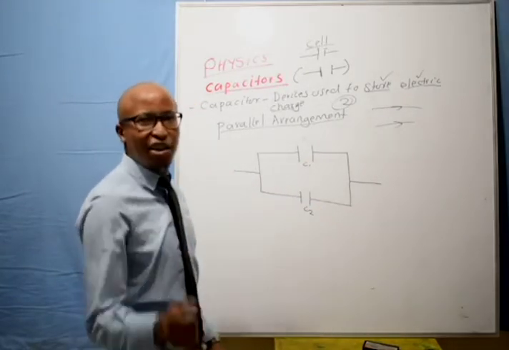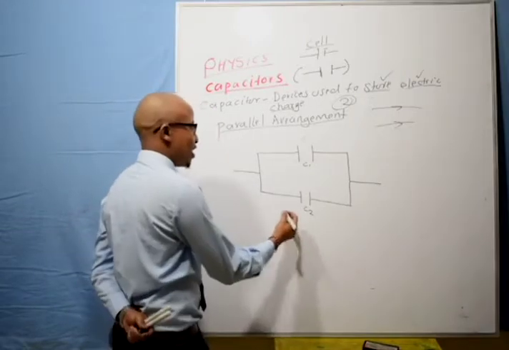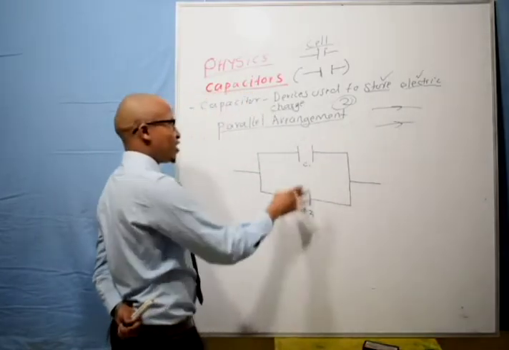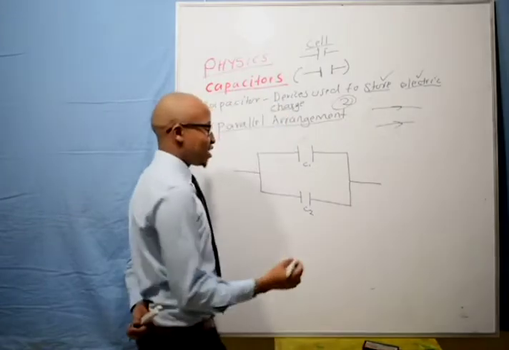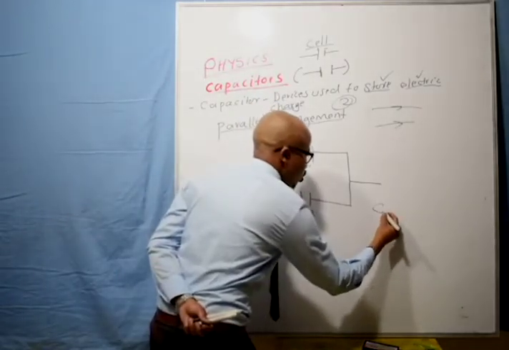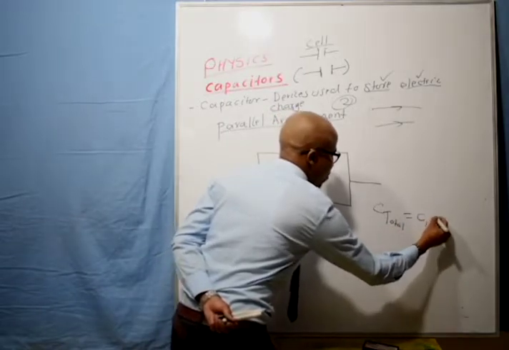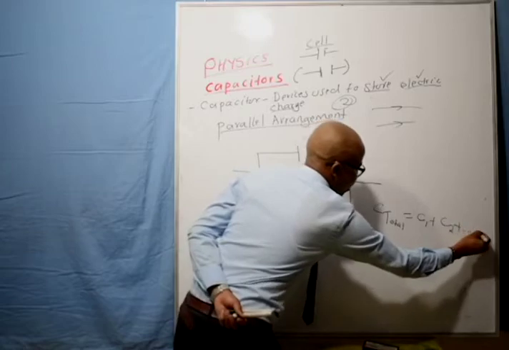Then you're being told, can you get the total or the effective capacitor? We say that the total capacitor is equal to C1 plus C2, plus maybe more going that way.